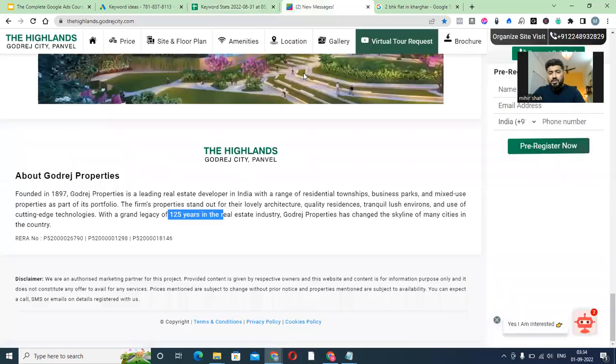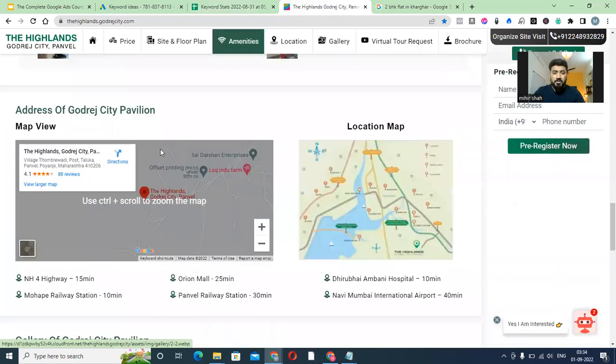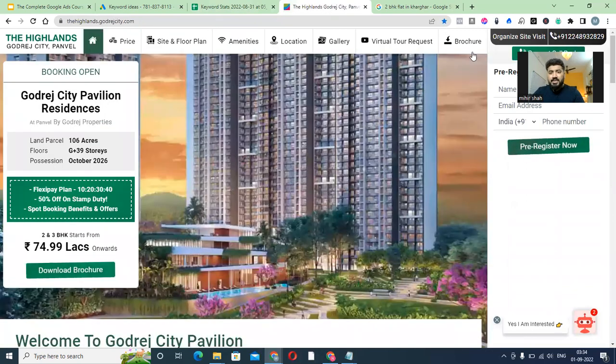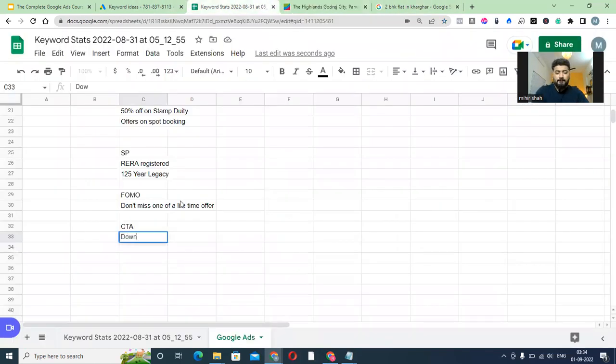So let's come back to the website and see what are the possible CTAs. CTAs are basically the next steps like we told about. So in this case, your CTA is to get a brochure, right? So we can mention a CTA. Now, download brochure is a very boring CTA, right? So we can just make this slightly better by get, so we're talking about what will you benefit once you get the brochure.